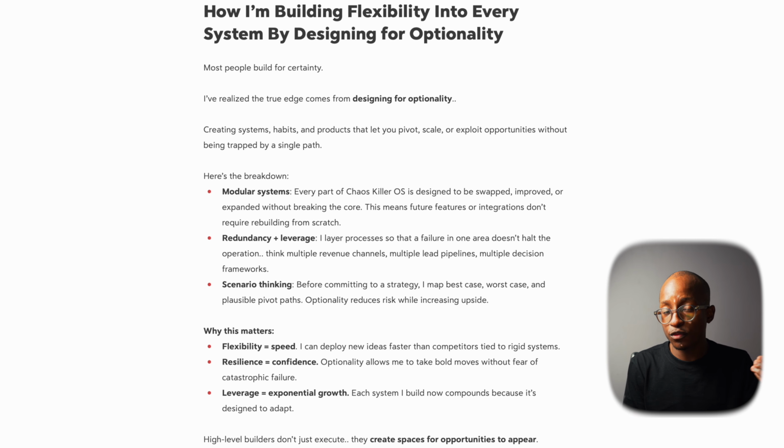But if we did not take this approach of building for optionality and flexibility, we wouldn't be able to pivot. And I think this is one of the most important things, especially if you're building out systems, that we need to make sure that we're building with the key design of optionality.